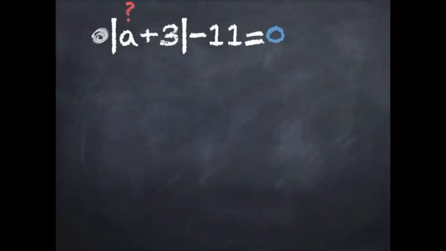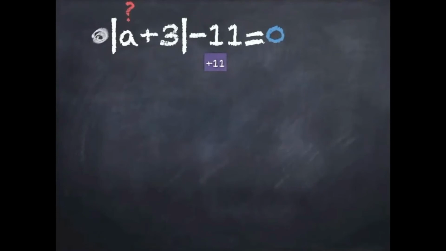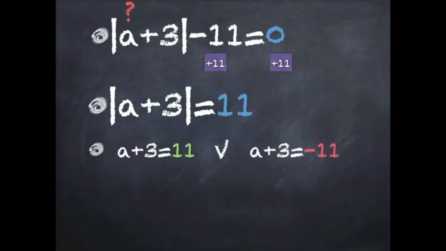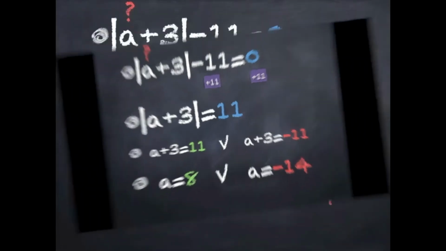Okay, this is not the definition yet. In this case, we have to isolate the absolute value on one side and the number on the other side. So we have to add 11 to each side. Okay, and then we carry on. We just put equal 11 or equal negative 11 and we subtract 3 from each side to get the two solutions, 8 or negative 14.